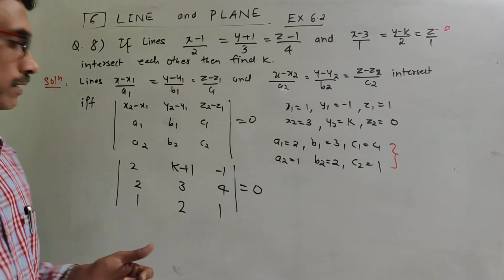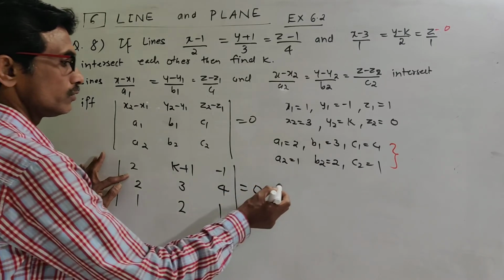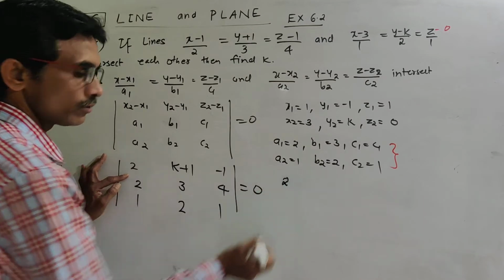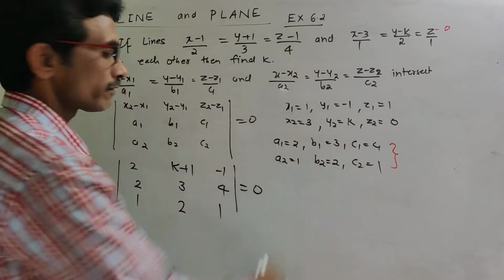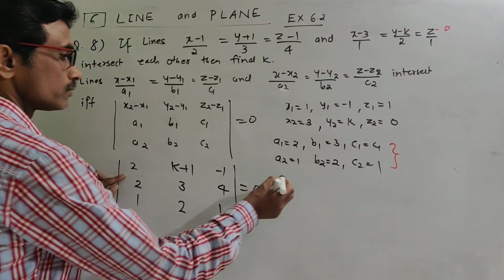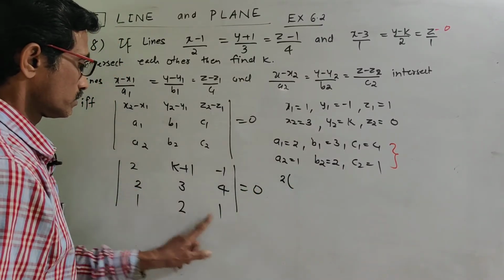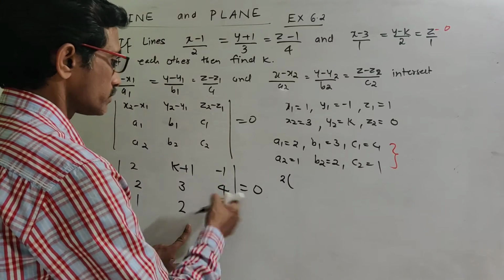We expand this determinant. So 2 into, therefore it is 2 into. So we expand the determinant to get the value of k. So 2 into 3, 3 minus 6, 8.